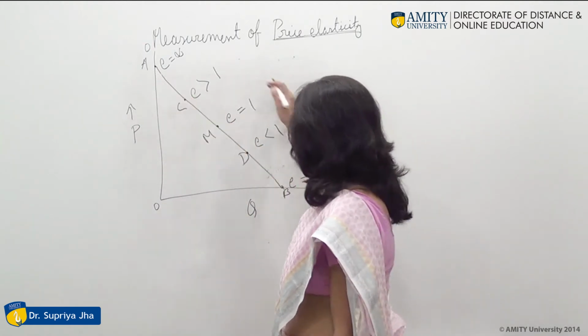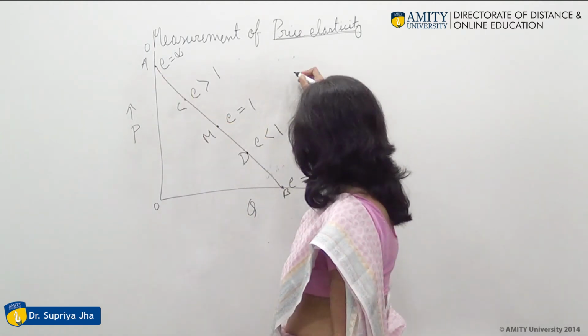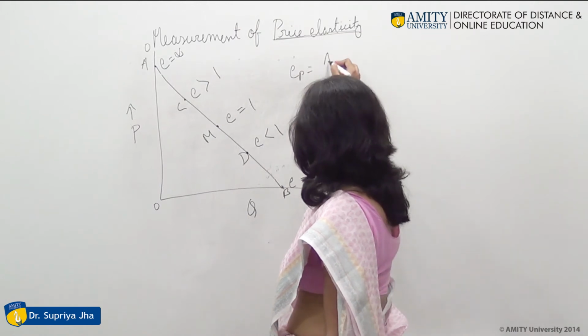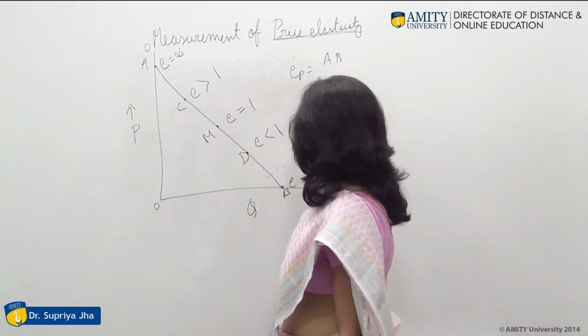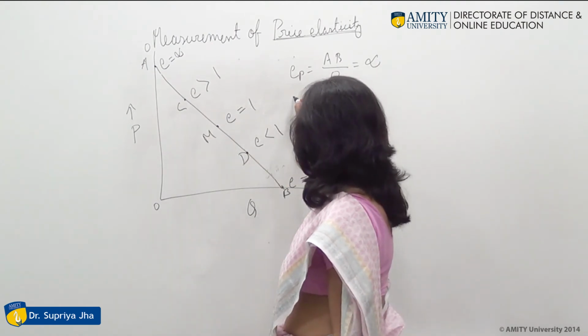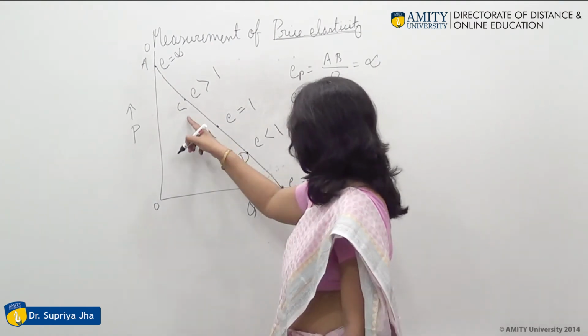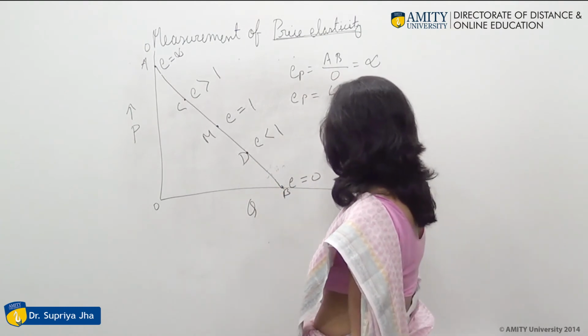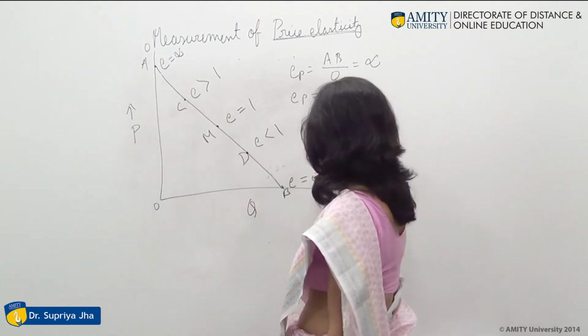Here at point A, lower segment is AB and upper segment is 0. That's why it is infinite. At point C, EP is equal to lower segment CB divided by upper segment AC.